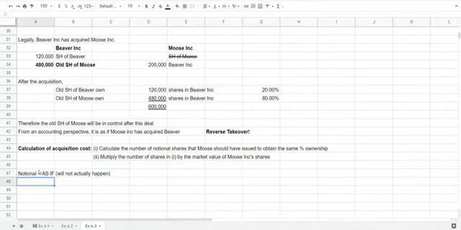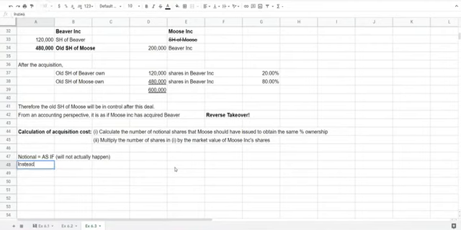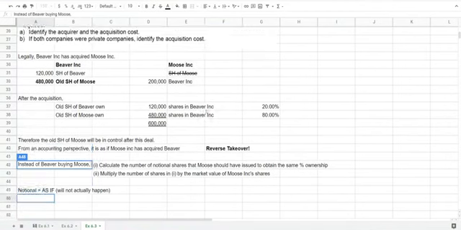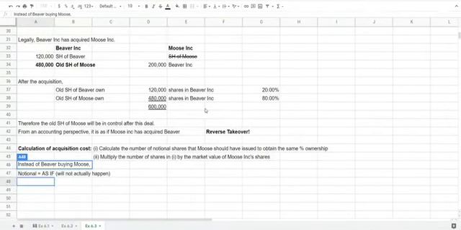Okay, you're doing a pretend calculation and saying, instead of Beaver buying Moose, that's what happened legally, right? Legally, Beaver Company bought the shares of Moose. We're saying if instead of Beaver buying Moose, if Moose had purchased Beaver's shares.